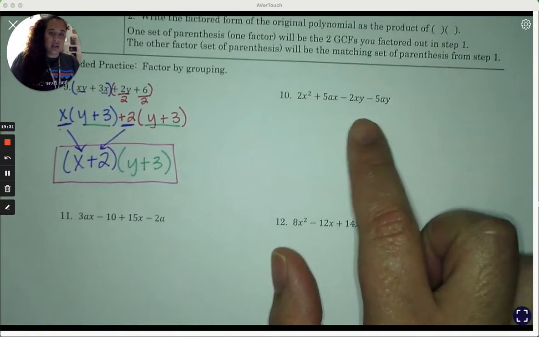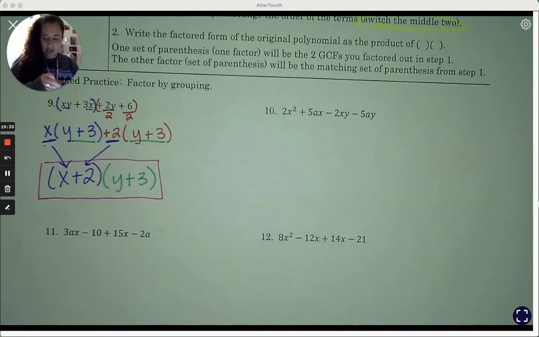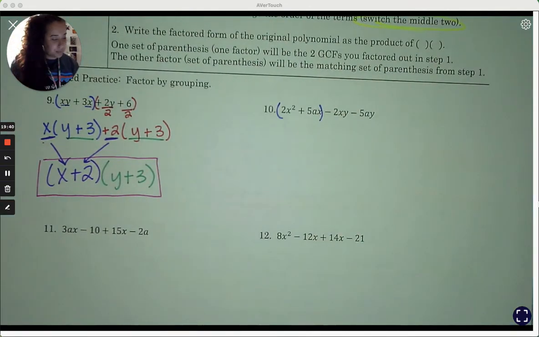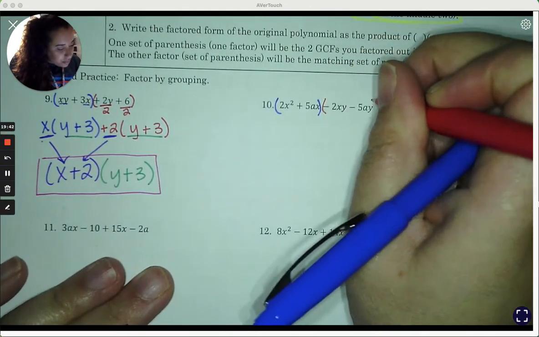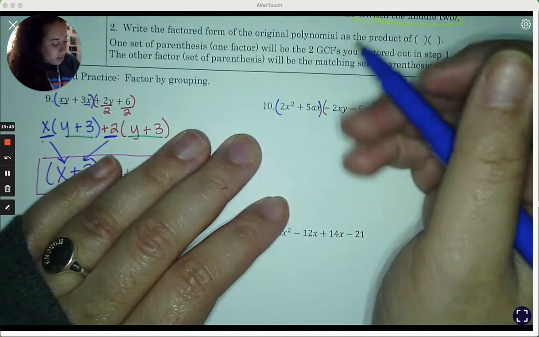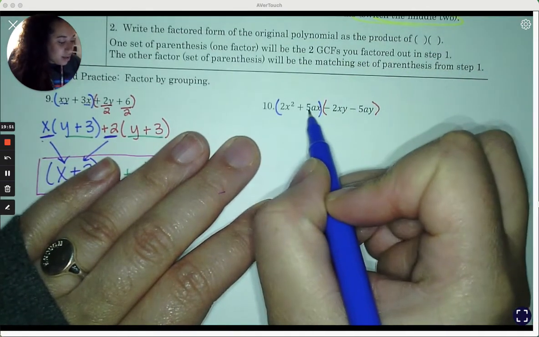Looking at number 10, I'm still going to stick with the same idea of blue and red. Looking at the blue set of parentheses, the first thing I notice is 2 and 5.